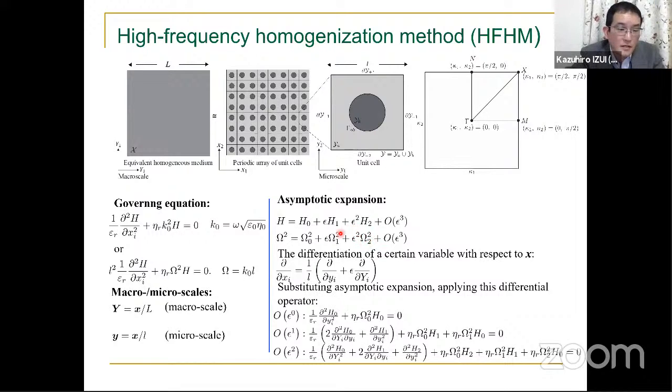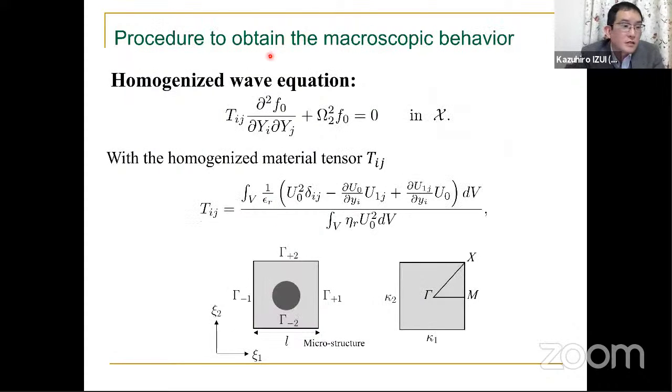By using this technique, we can obtain the homogenized wave equation as shown here. And in this equation, Tij is the so-called homogenized material tensor.